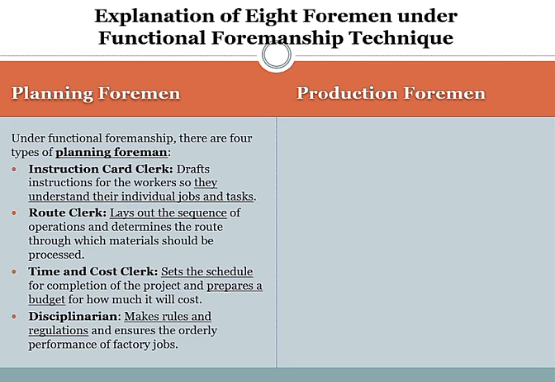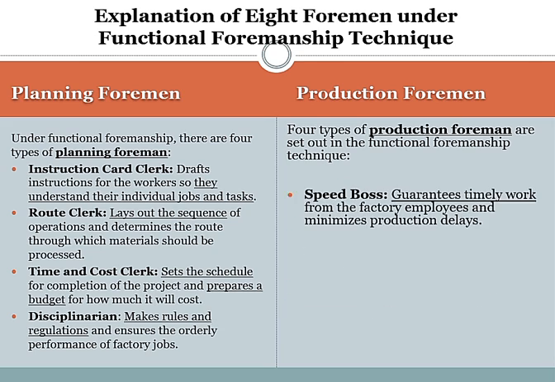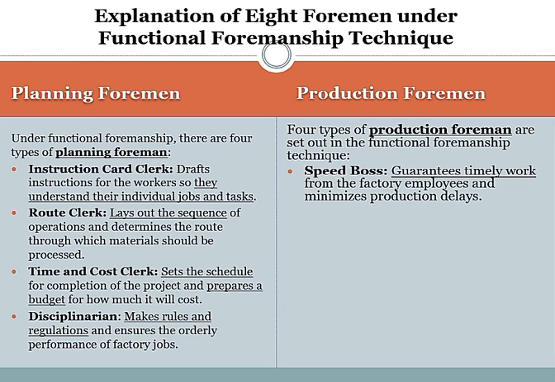Right. Under production foreman, the first categorization is the speed boss. The speed boss guarantees timely work from the factory employees and minimizes production delays. Right.